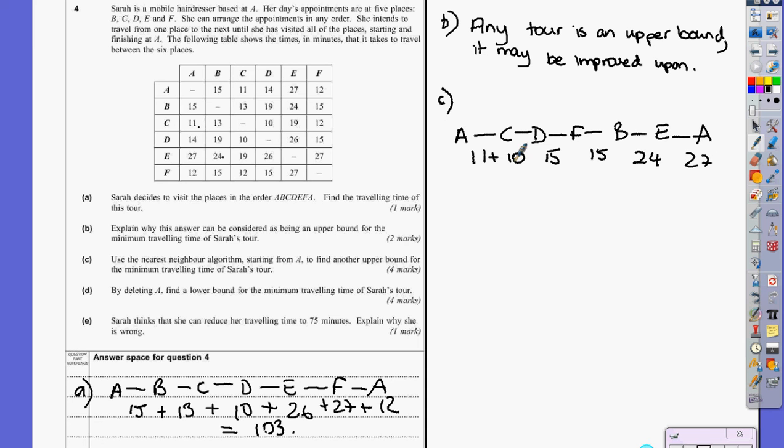Add all those up, and you get the answer 102. Right, so that's my nearest neighbour algorithm from there. And having had my other tour, any tour is an upper bound, but this one, the lowest upper bound, is the best one. So that would be my best one at the moment.